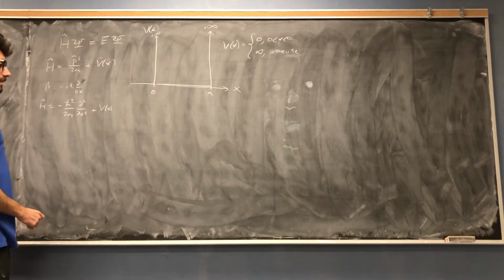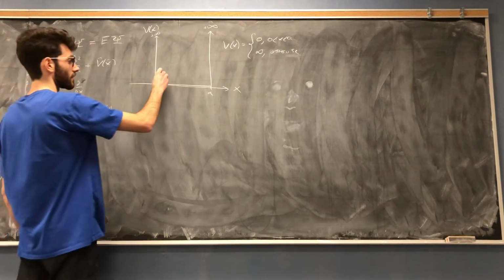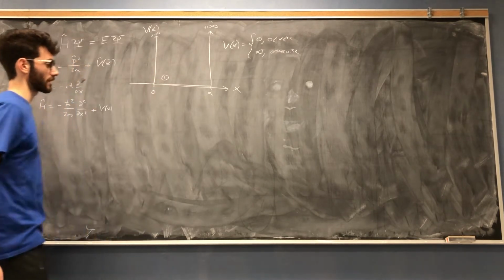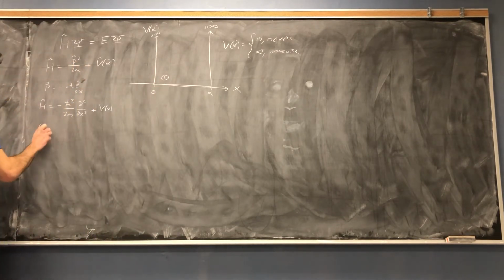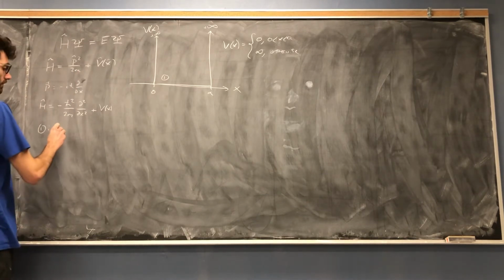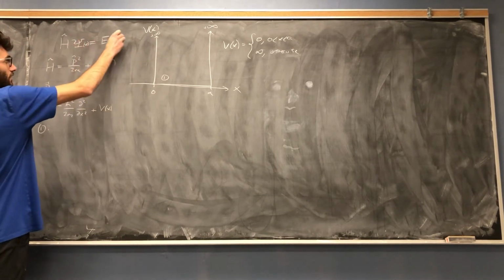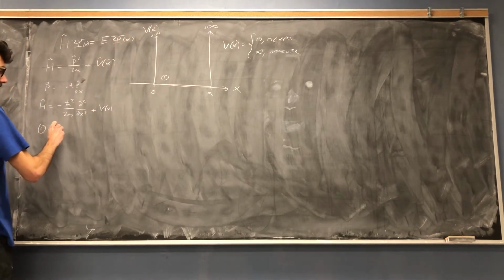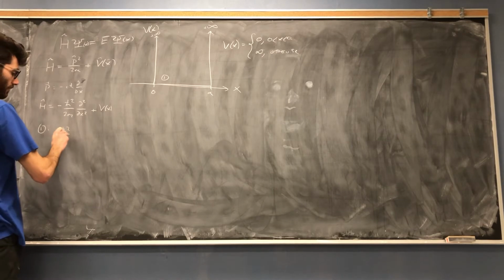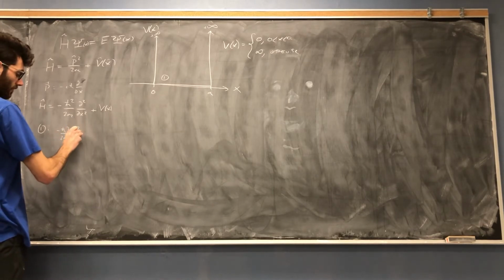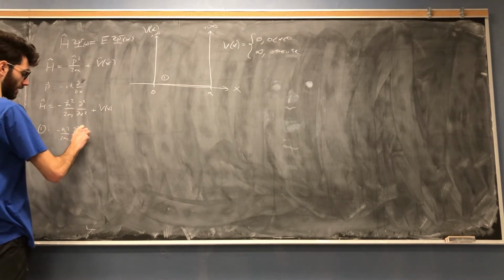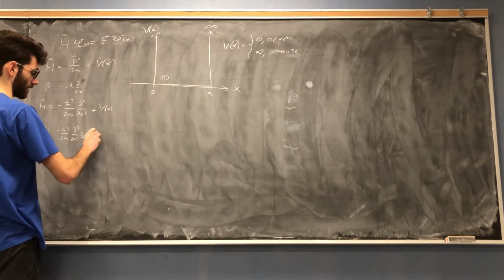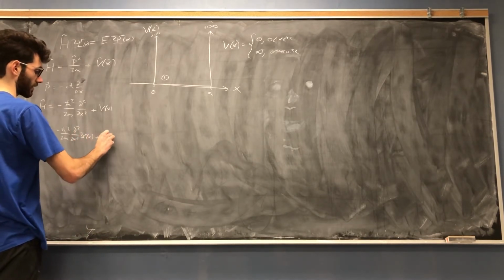So let's start in the simple region where the potential is just 0, so in region 1. Our Schrodinger equation reads, of course this is a function of x, that's what we're interested in: minus h bar squared over 2m del squared by del x squared psi plus V of x psi.